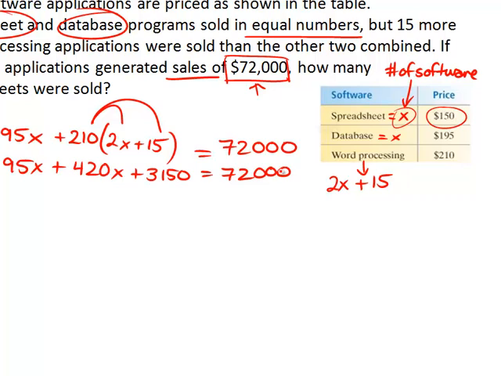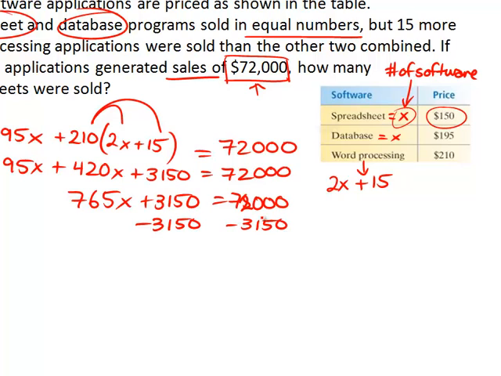So let's collect our like terms. 150 plus 195 plus 420 is equal to 765 x's and 3150. So let's take away our 3150 from both sides.